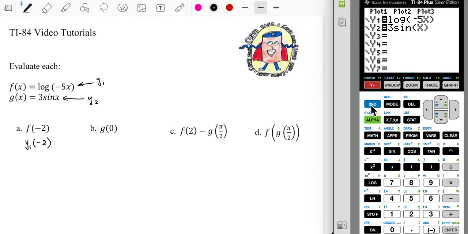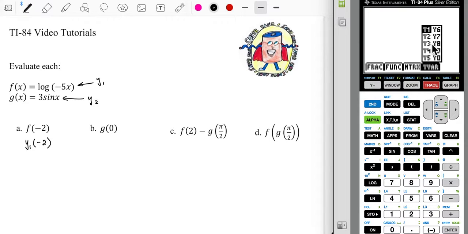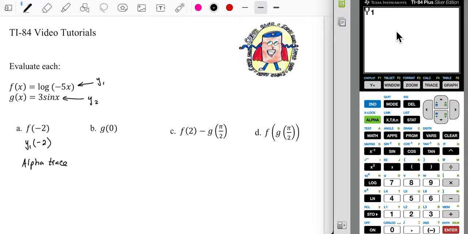The way it does that, if I go back into my home screen and hit alpha trace, you see my list of y characters come up. Select y1, open a set of parentheses, and type in the negative 2.